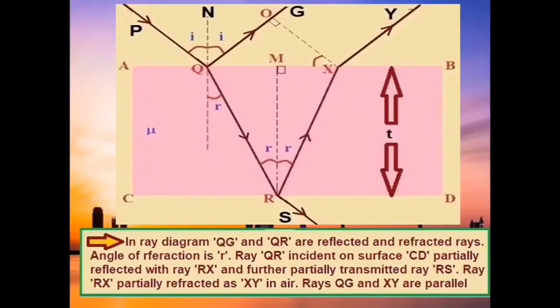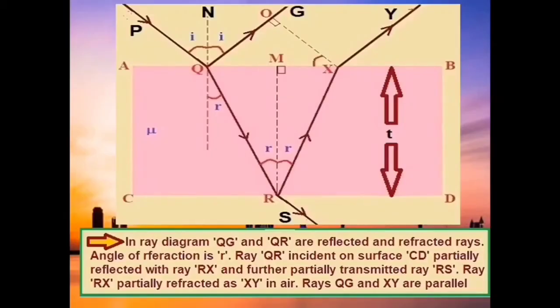See, in the ray diagram, QG and QR are the reflected and refracted rays respectively. The angle of refraction is denoted with the letter r. Ray QR is incident on surface CD. Look at the diagram.